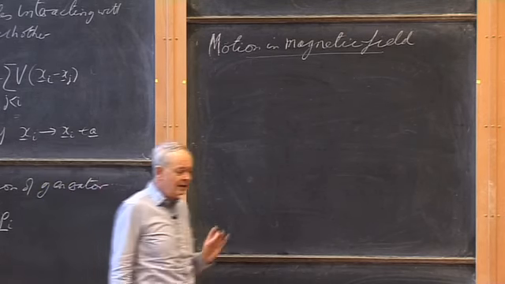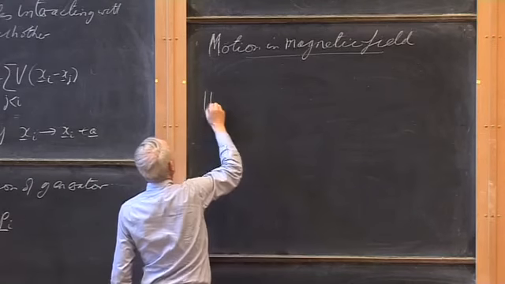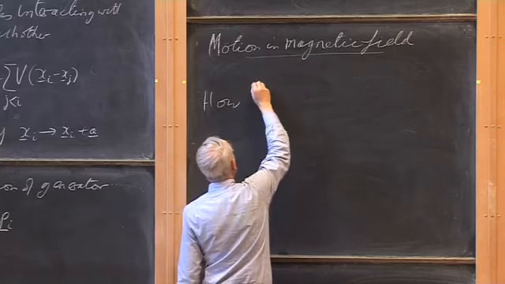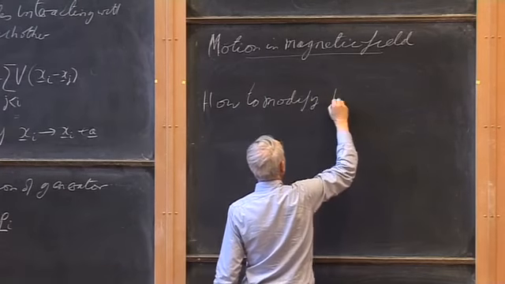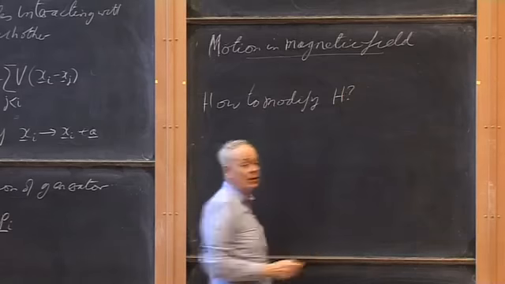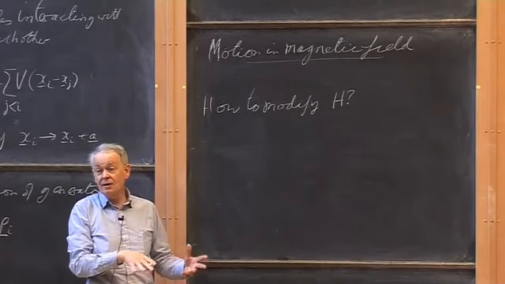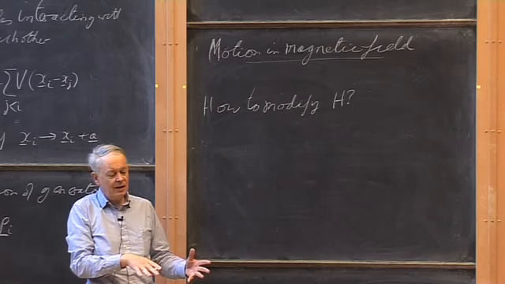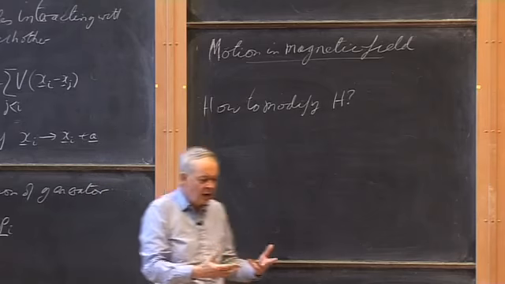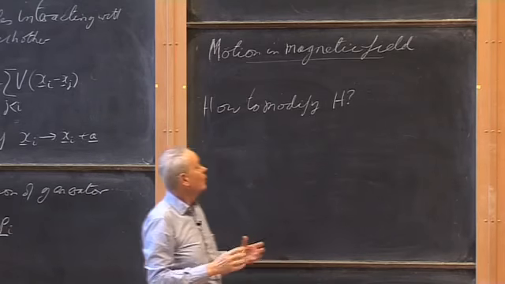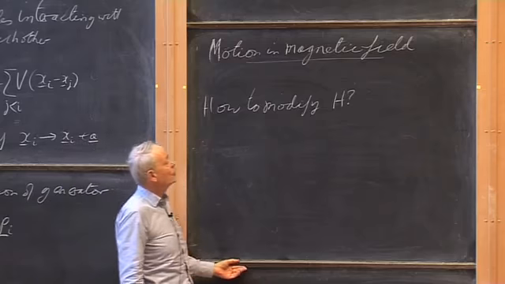And there's a fundamental difficulty we have to address up front, which is what we need to know is how to modify the Hamiltonian. Right? Because in quantum mechanics, you put the physics into the Hamiltonian. The Hamiltonian tells you what forces are acting, what the system consists of. It encodes what the physical laws are for your system.